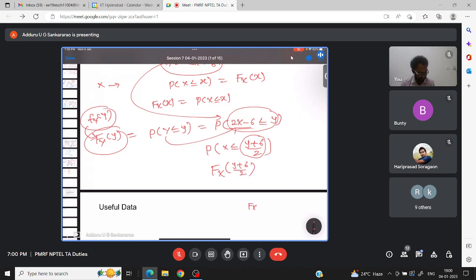The definition of Fx(x): Fx of some a is nothing but the probability of X less than or equal to a. Now instead of a I have (y plus 6) by 2. So this is nothing but Fx((y plus 6) by 2).